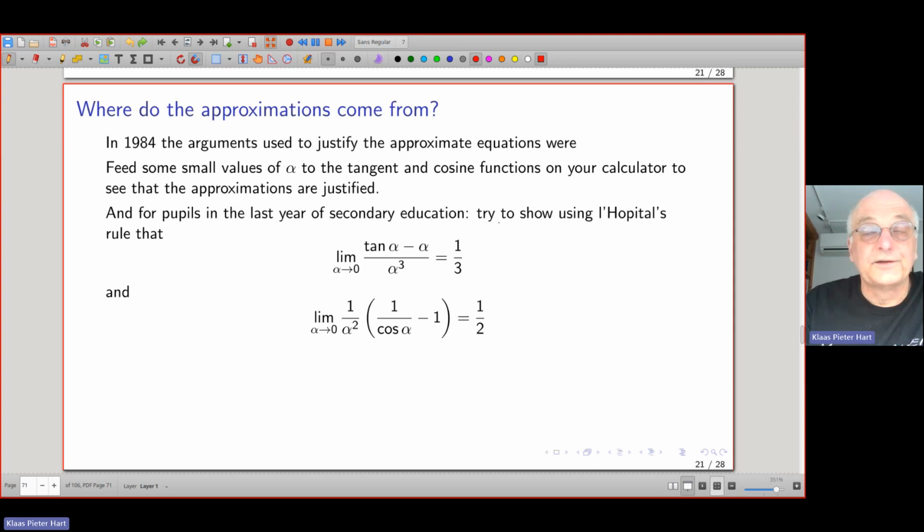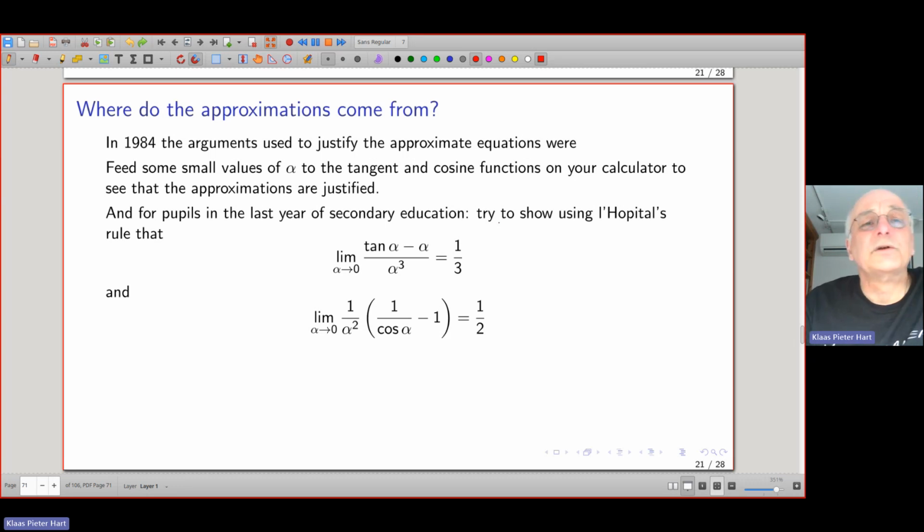But the authors in 1984 didn't assume that the readers had university educations. They said, well, you can experiment with the tangent and cosine buttons on your calculator to see that, yes, tangent alpha minus alpha is roughly 1/3 alpha cubed, and 1 over cosine alpha minus 1 is roughly 1/2 alpha squared.